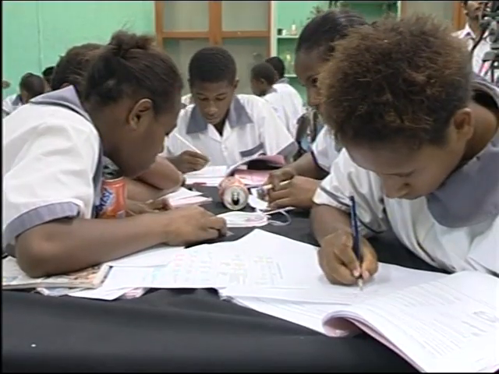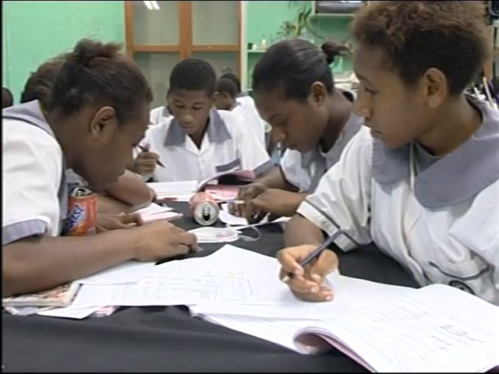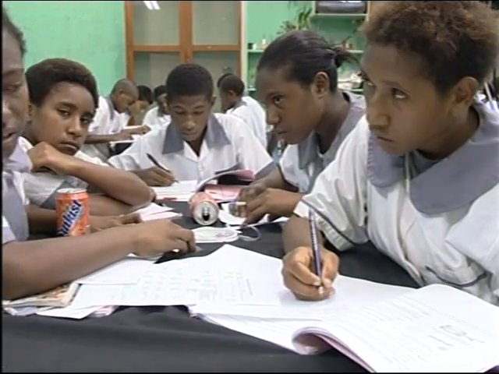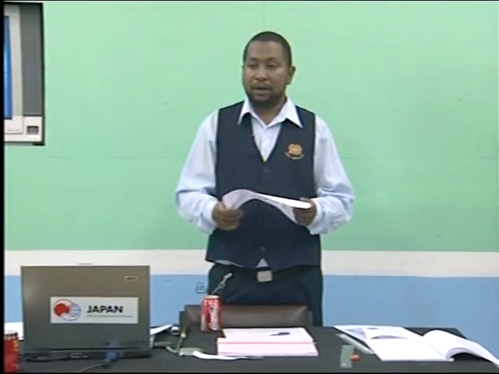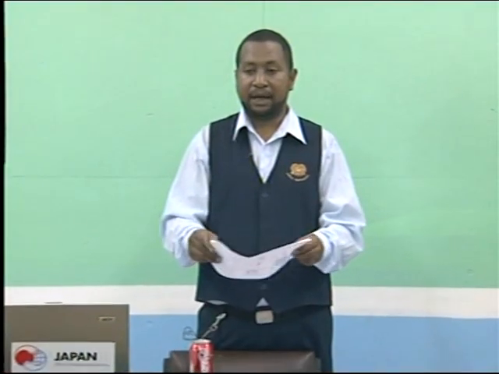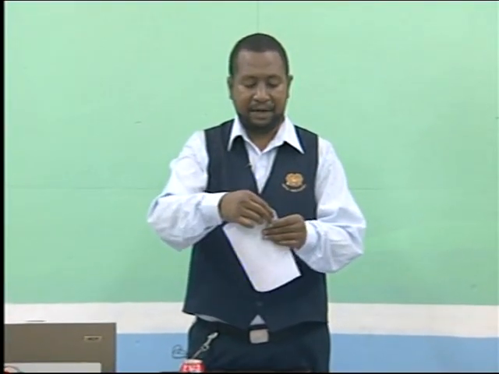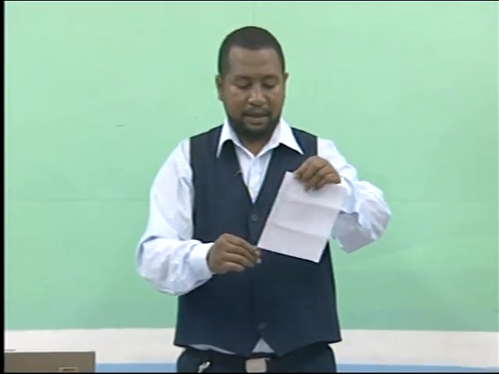Class, before we find the diameter of the two objects, I would like you to take out the blank A4 papers and fold them in half. Fold the blank A4 paper in half, like this. And also do the same with another one.